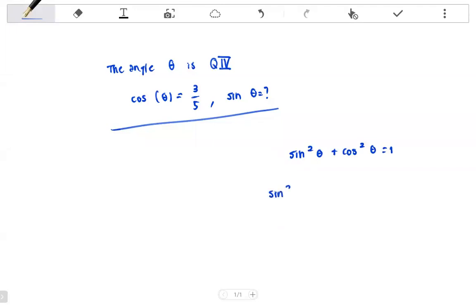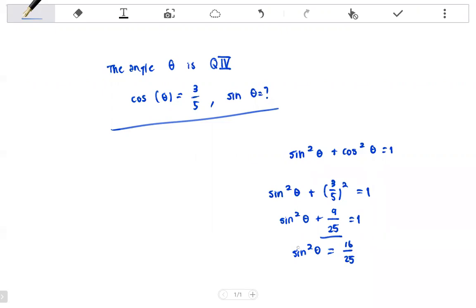Cosine theta is 3 over 5, so 3 over 5 squared plus sine squared theta equals 1. The square goes on both the numerator and the denominator. 3 squared is 9, 5 squared is 25. We can isolate the sine squared theta, so move this fraction to the other side. 1 minus 9 over 25 is going to be 16 over 25.